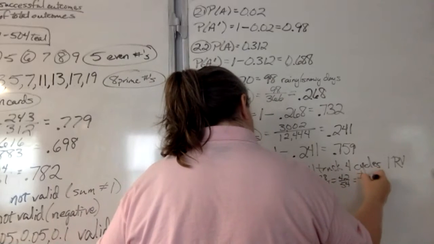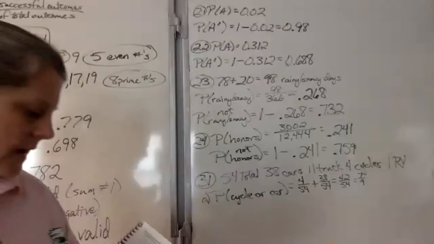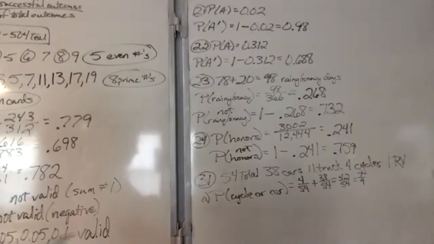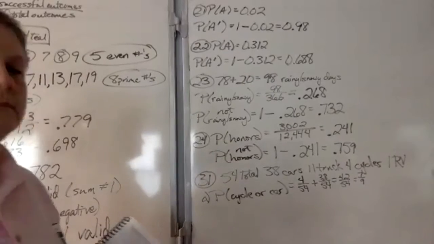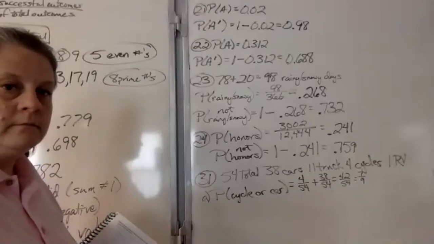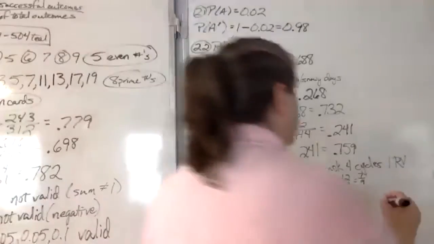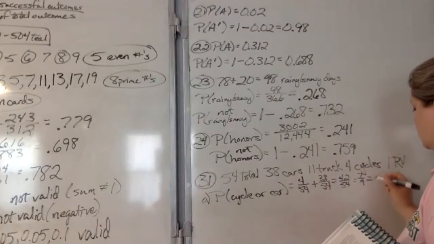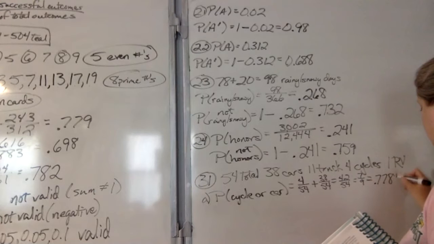So it's 7 ninths, right? Yeah. So what is that as a decimal? It's 0.777 with the 7 repeating, but it said round to 3 decimal places, so it's 0.778.